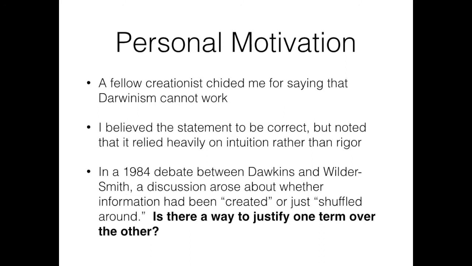I just nonchalantly said something to the effect of, Darwinism can't produce these sorts of complicated systems. Another semi-famous creationist was next to me, and he actually chided me for that. He said, no, you can't justify that position. And I was a little taken aback, and a little offended.